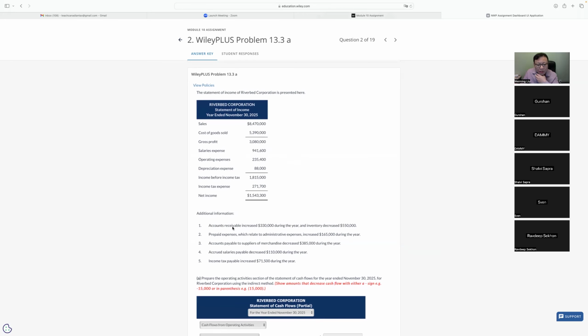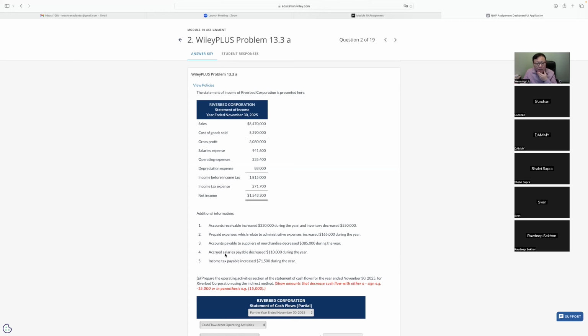Additional information: accounts receivable increased 33,000 during the year. Inventory decreased 550,000. Prepaid, which relates to admin expenses, increased 165,000 during the year. Accounts payable to suppliers of merchandise decreased 385,000 during the year.